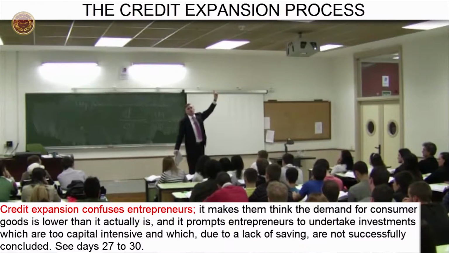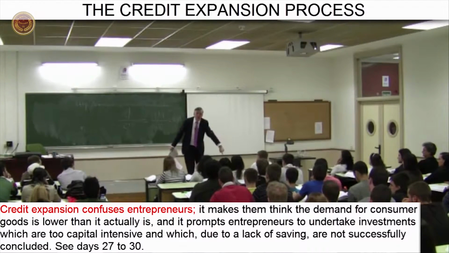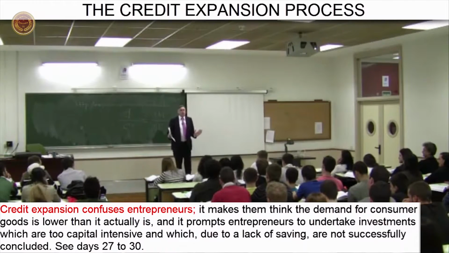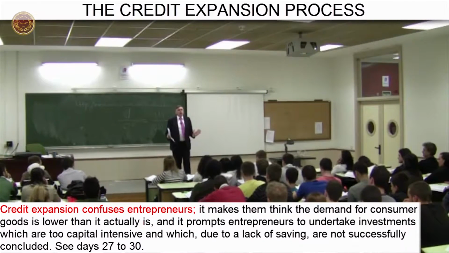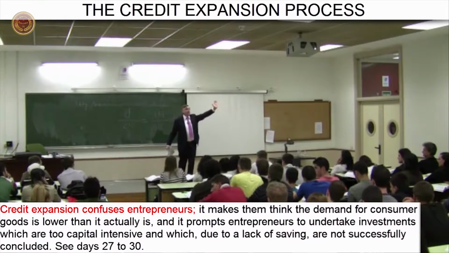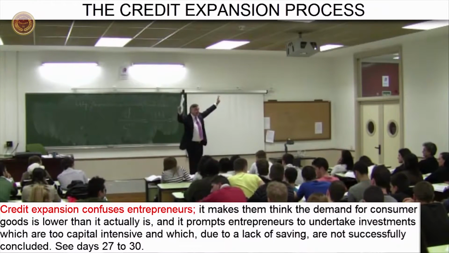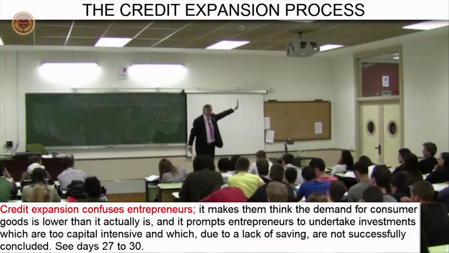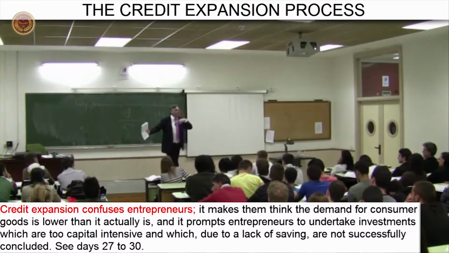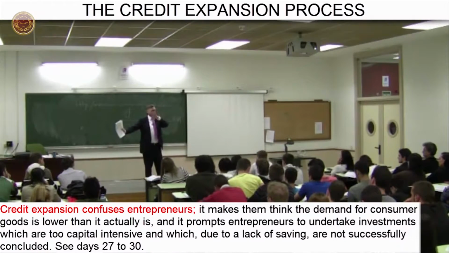And we will see that this practice triggers continuous, growing, and very long-lasting discoordination between the behavior of entrepreneurs who undertake investments with the new loans the banking system has granted them without the backing of real saving, and the behavior of consumers who have not decided to save anything and therefore continue to consume as much as or more than before.